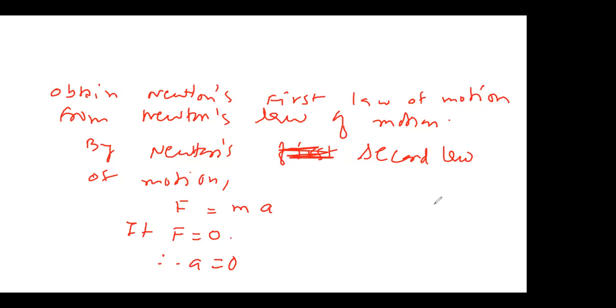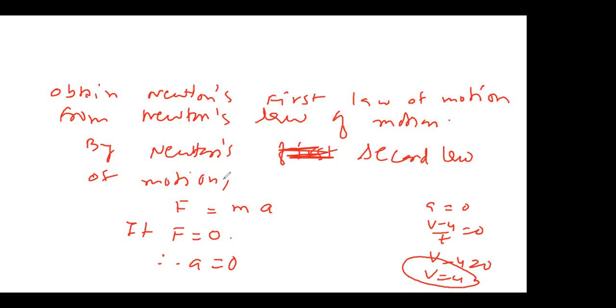If acceleration is 0, that means no change in velocity. If there is no change in velocity, then velocity is constant. That means if the body is at rest, it will remain at rest. If it is moving with a certain velocity, it will move with the same velocity.